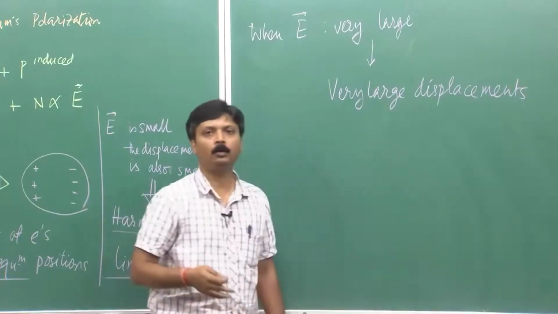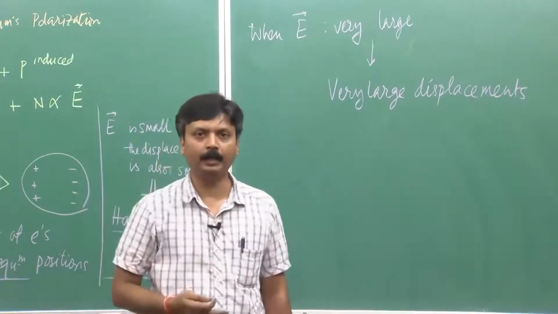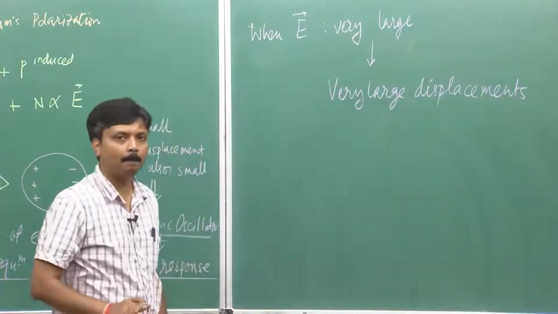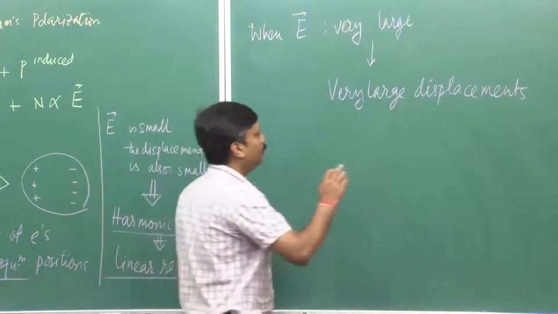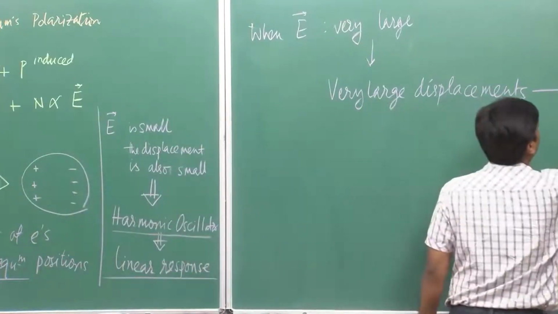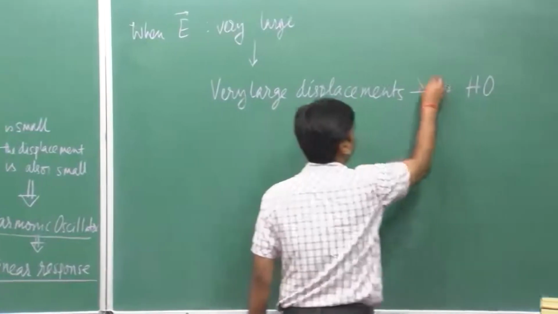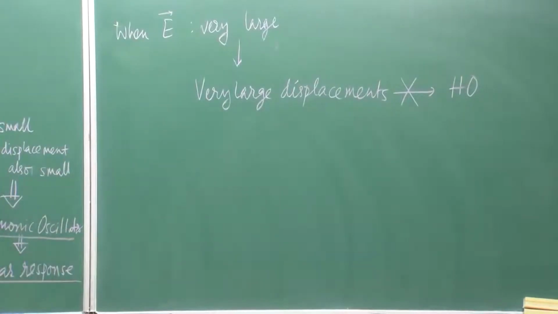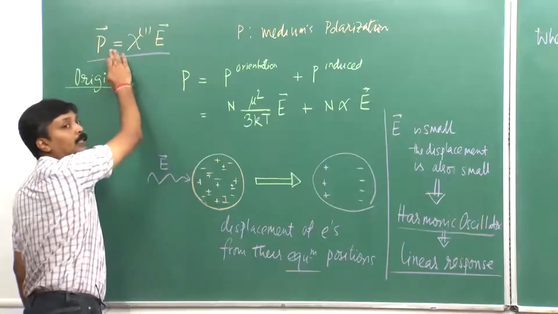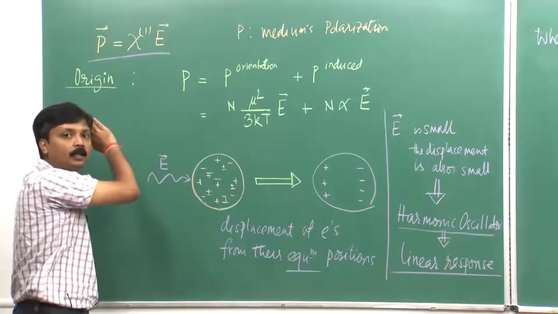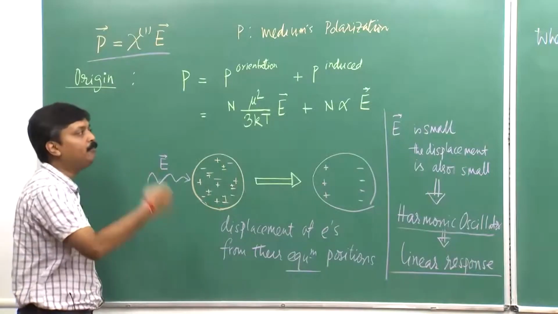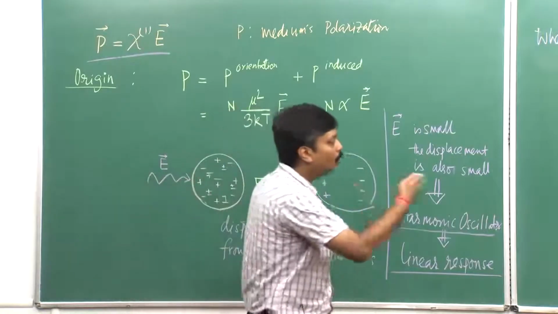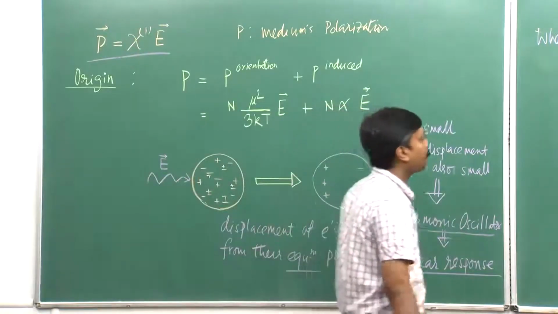So, instead I will have an anharmonic oscillator model acting there when I have a very large electric field. And so, this harmonic oscillator approximation is no longer valid. In that case, I cannot express my polarization by this simple linear equation anymore, because I have anharmonicity in my electronic oscillation, right.